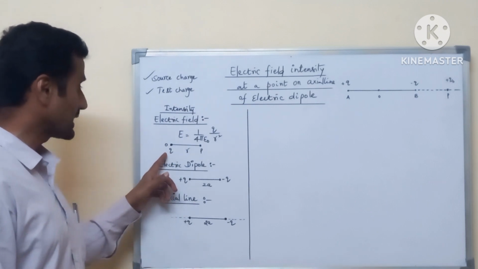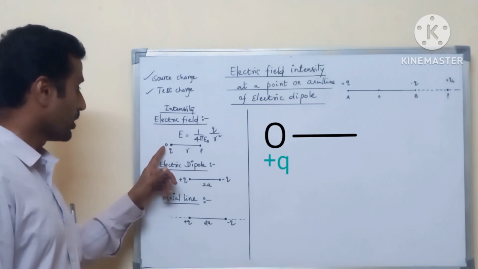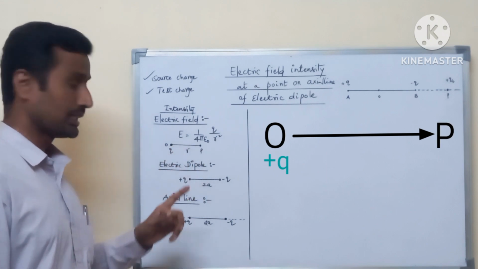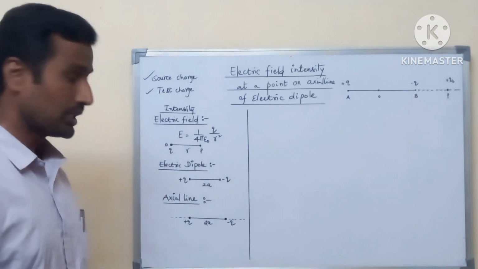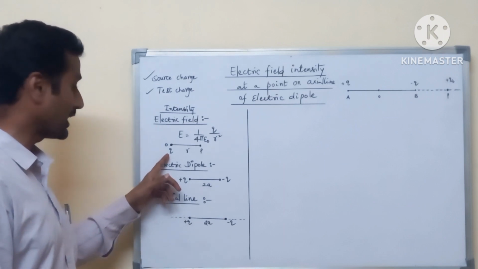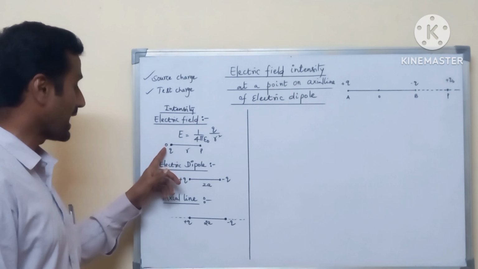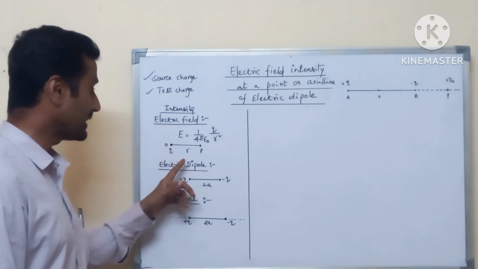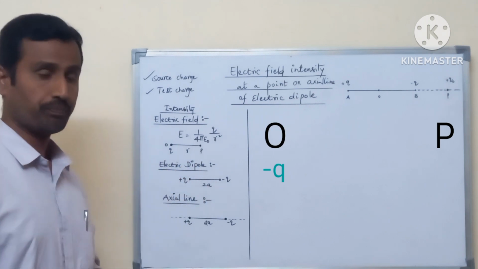If the source charge is positive, then the direction of electric field is from O to P. If the source charge is negative, then the direction of electric field is from P to O.